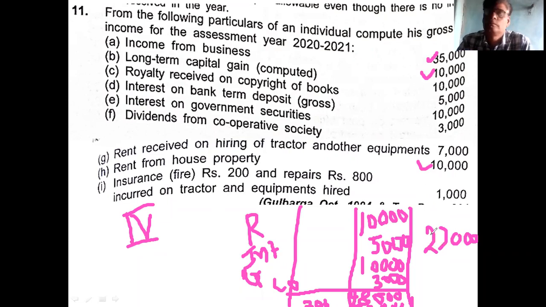You tell me the answer. 35 plus 7, 42. 42 plus 10, 52. 52 plus 27 is 79,000. 79,000 is the answer.